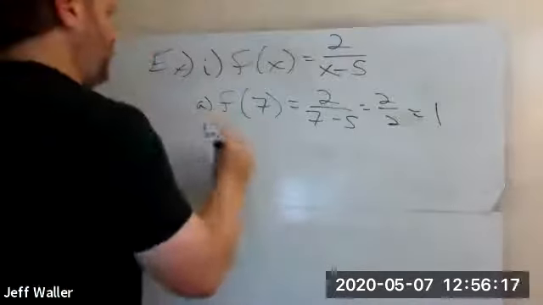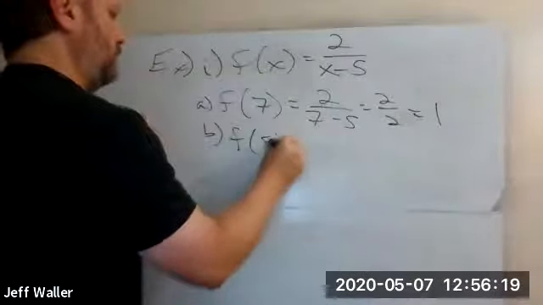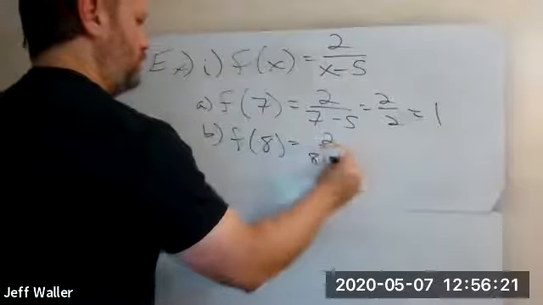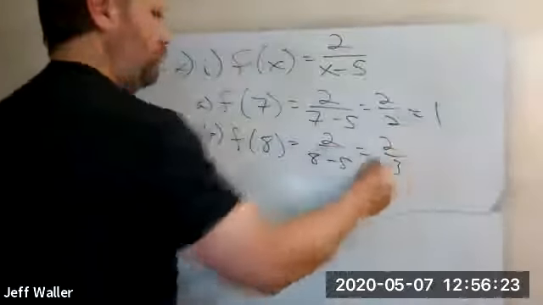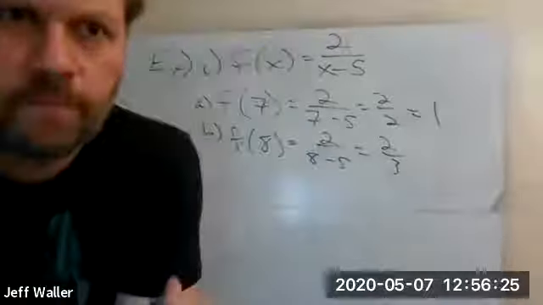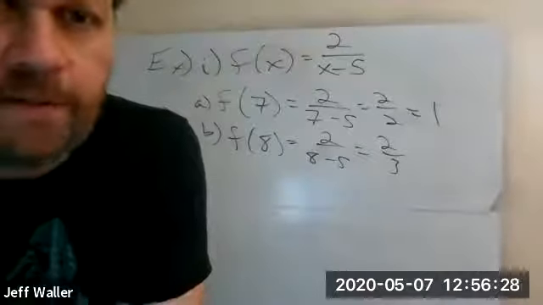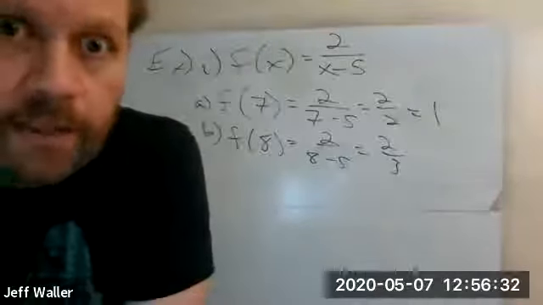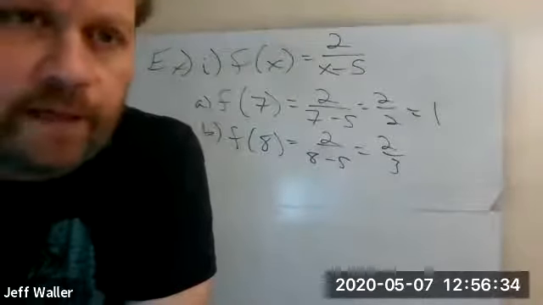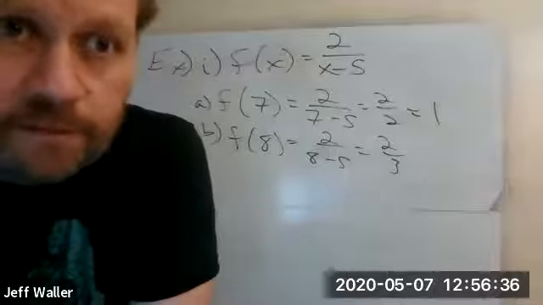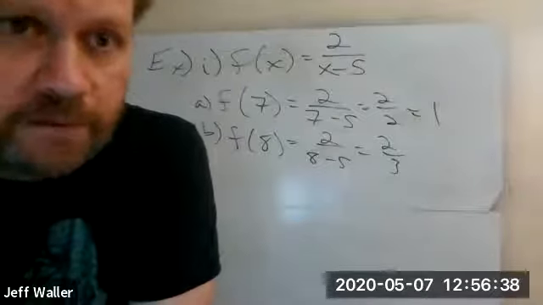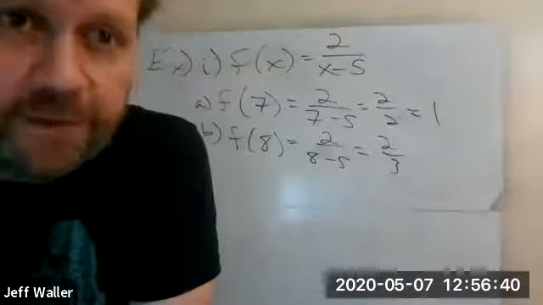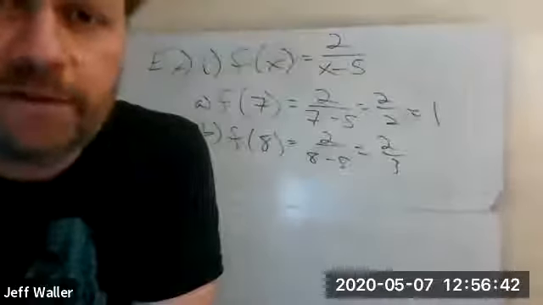What is f of 8? 2 over 8 minus 5, 2/3. Is that all right? I mean, that's just plugging stuff in for x. Nothing amazing. So my point now is, for any value of x, that is most likely a fraction. It might be reducible sometimes, but for most values of x, that is going to be a fraction.